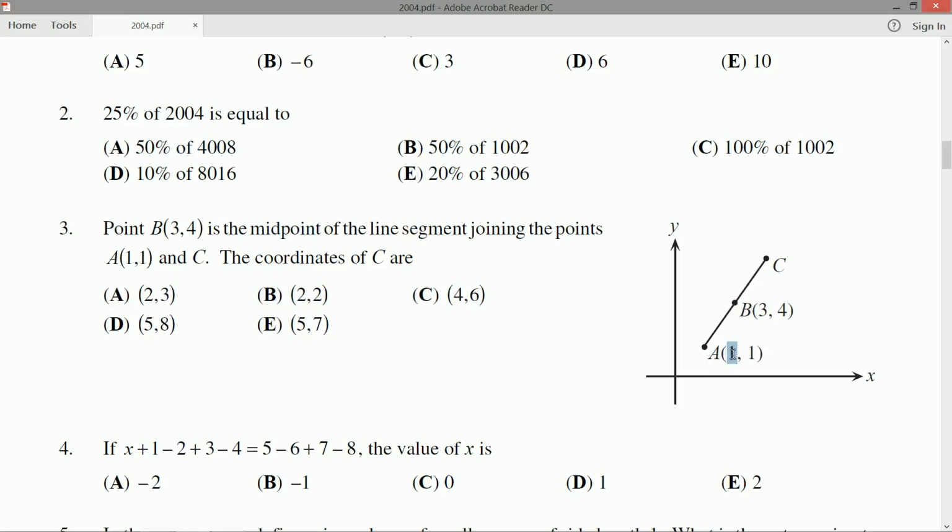We start at 1, and when we're halfway to the x-coordinate of C, we get 3. So half the x distance, the run that we've traveled, is 2, so the full distance would be 4. So we're looking for something that has 5 as its x-coordinate. That narrows it down to D or E.